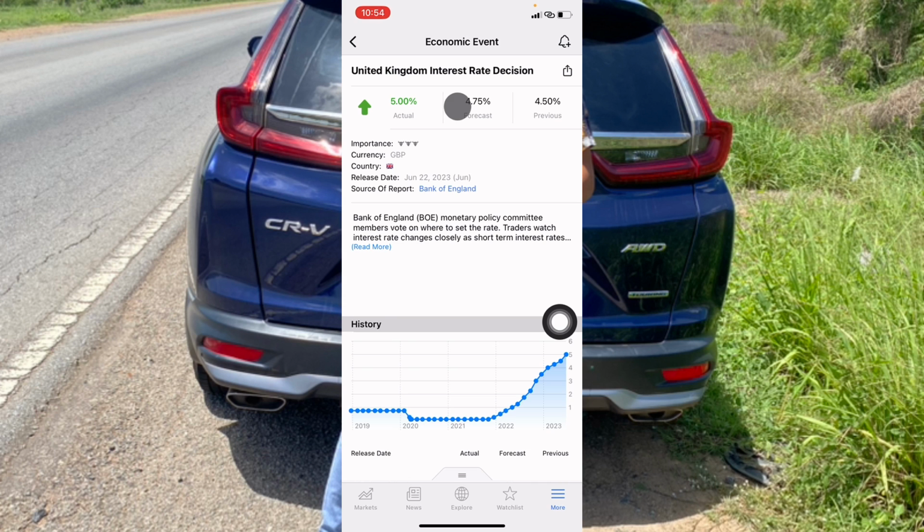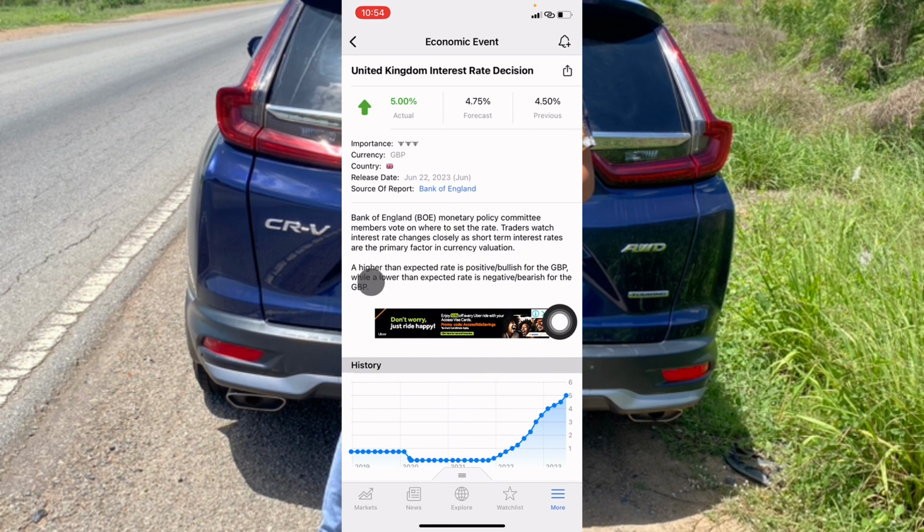If I click on the bond interest rate here, we have a higher than expected rate is positive for GBP. So right now the previous interest rate was 4.5%, and now the interest rate is 5.00%, which means it's good for Great Britain.